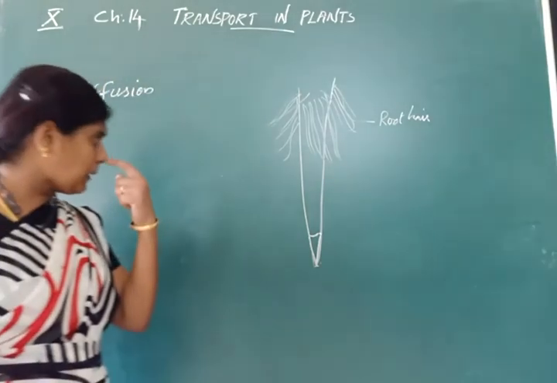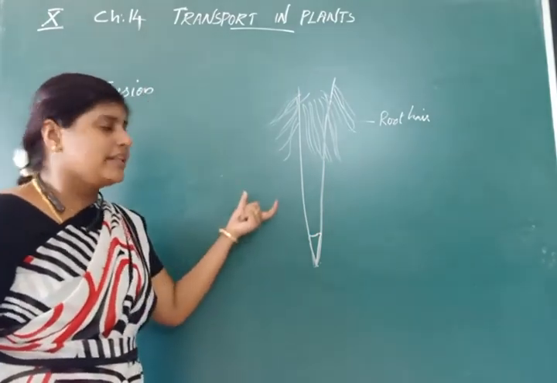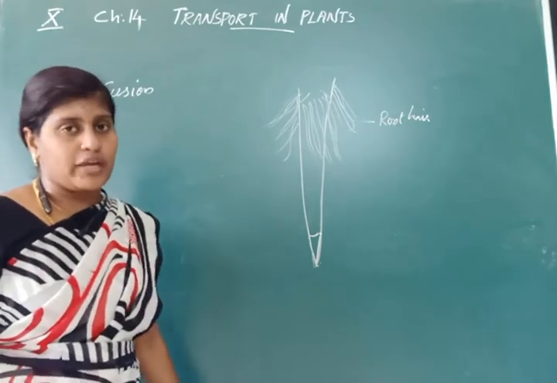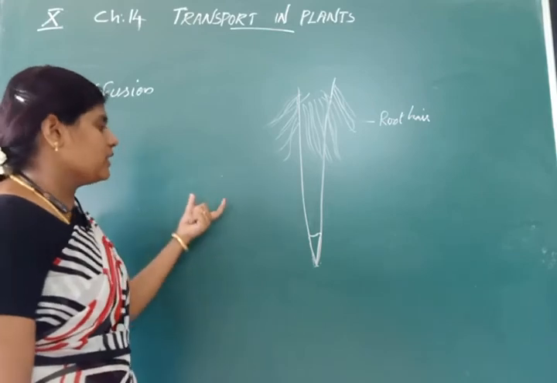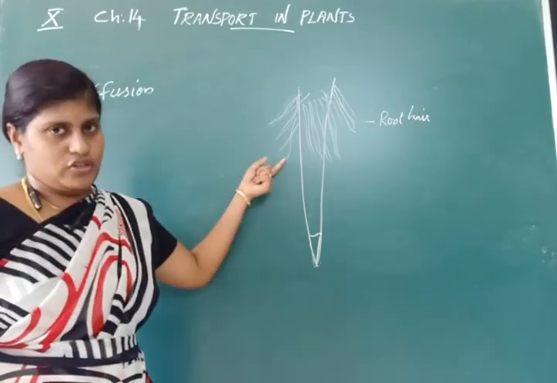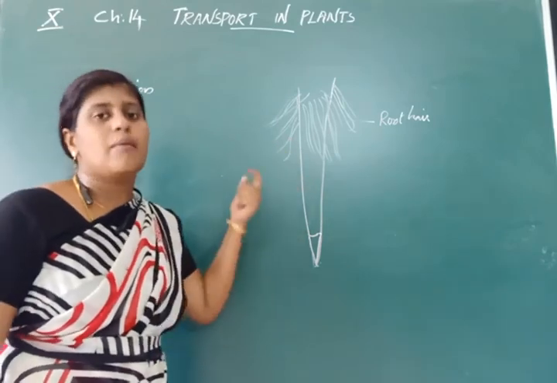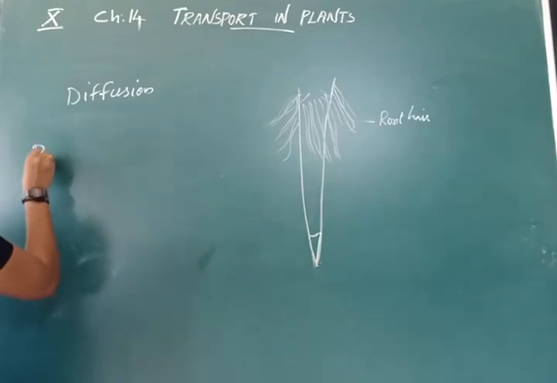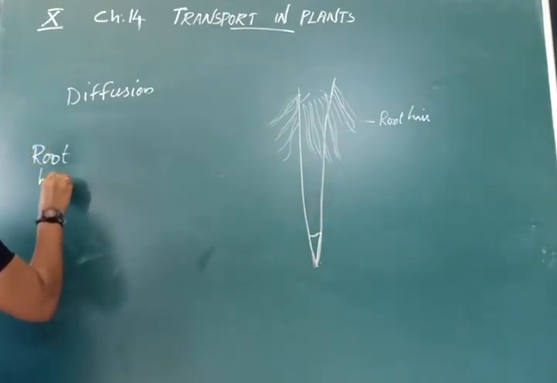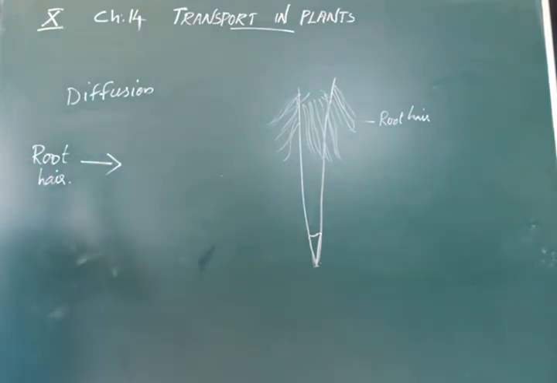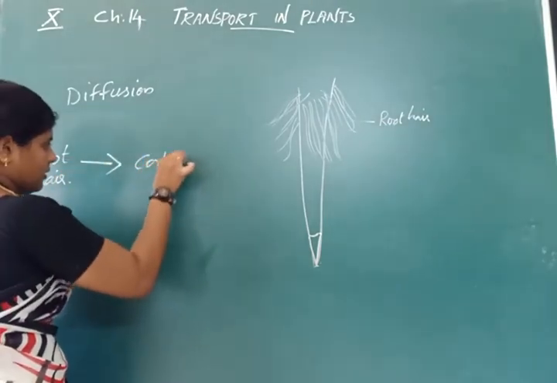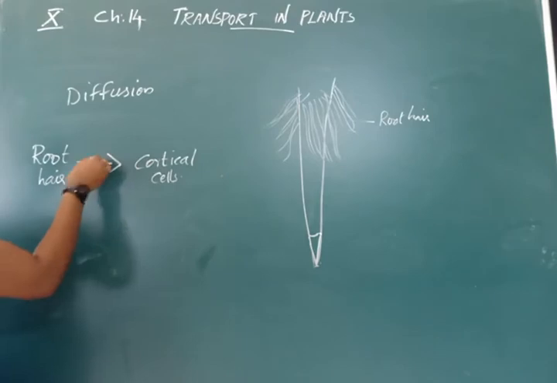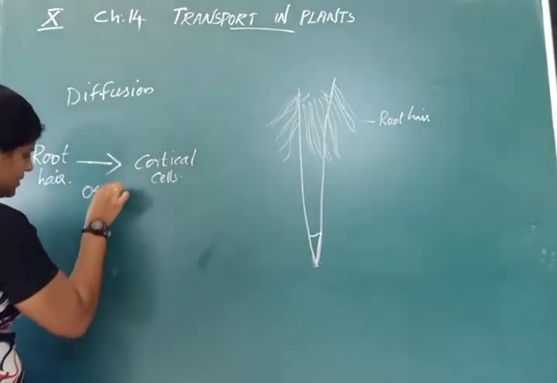So this is the soil, and the concentration of water in the soil is more compared to the root hair. So obviously, water moves from higher concentration to lower concentration. So the root hair contains more water. Then from the root hair the water passes to the cortical cells through the process of osmosis.